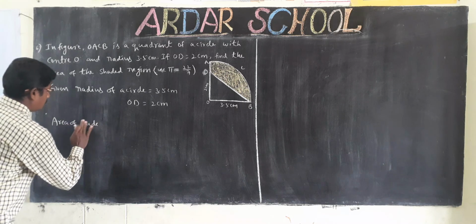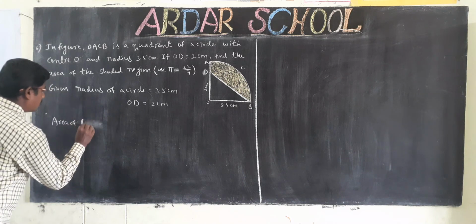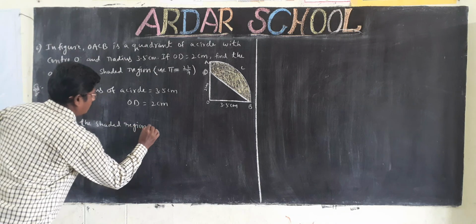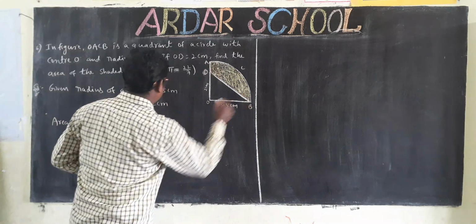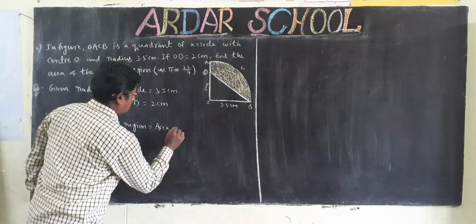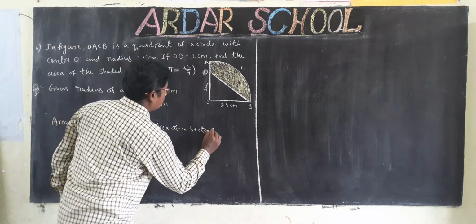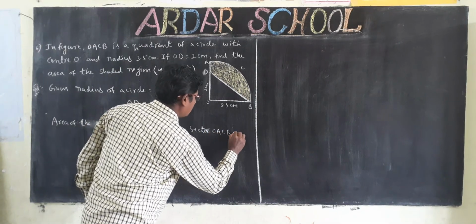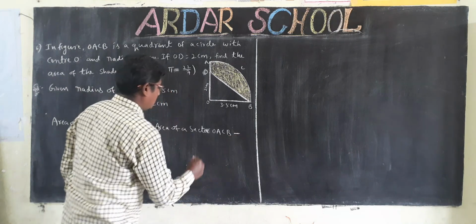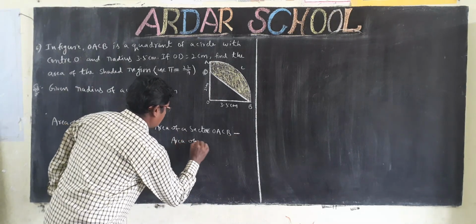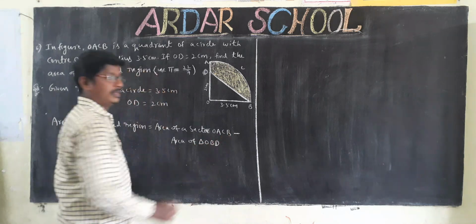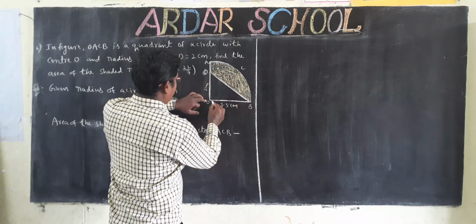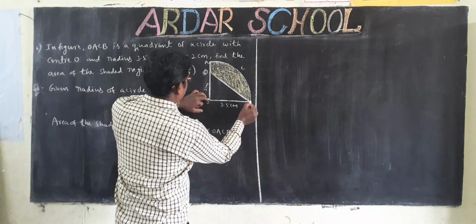Area of the shaded region is equal to the area of sector OACB minus the area of triangle OBD.